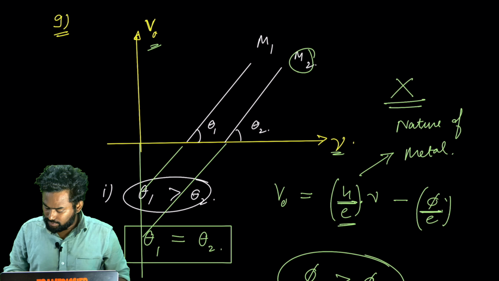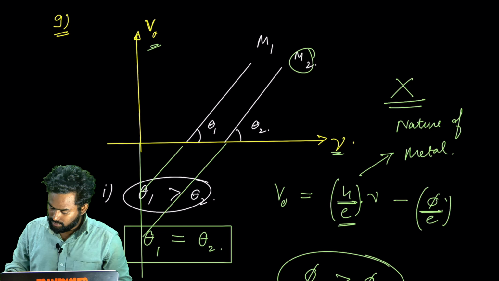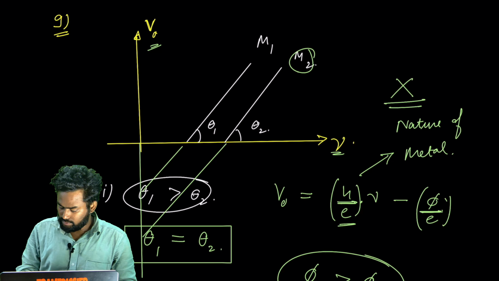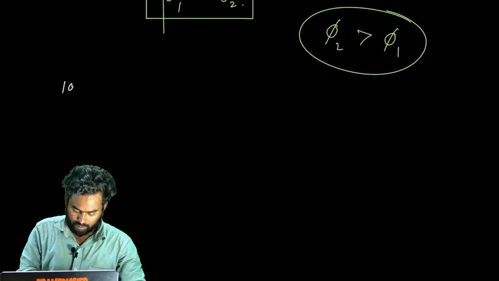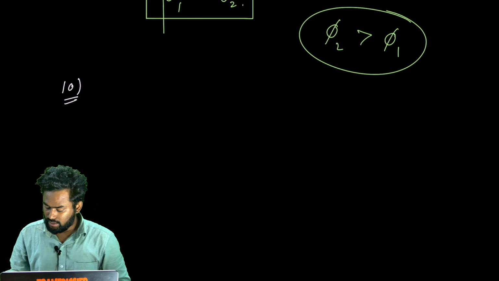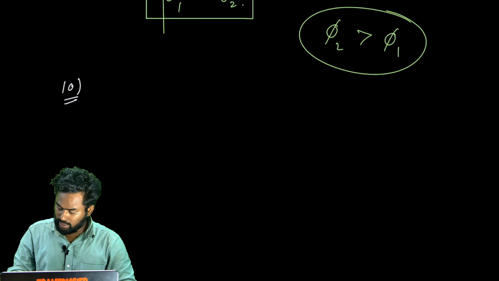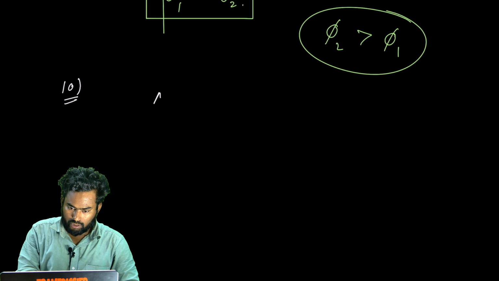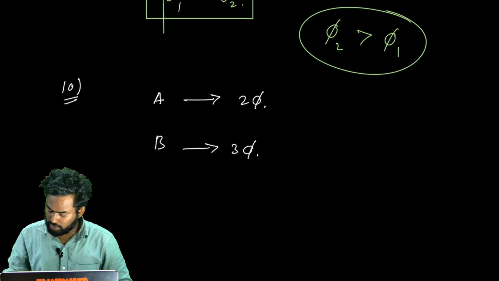Next question. Question number 10. Two photons have energies twice and thrice the work function of a metal. So we are using two photons, photon A and photon B. Its energy is 2 times phi and this energy is 3 times the work function.